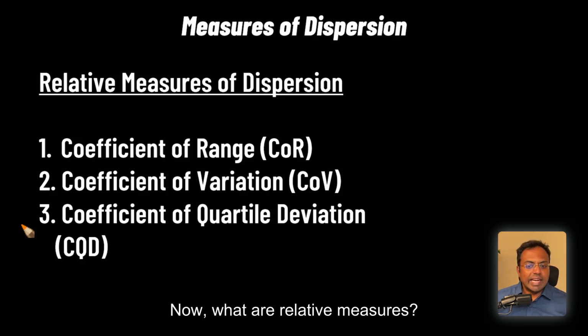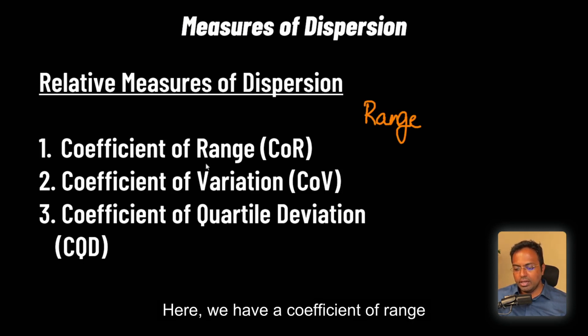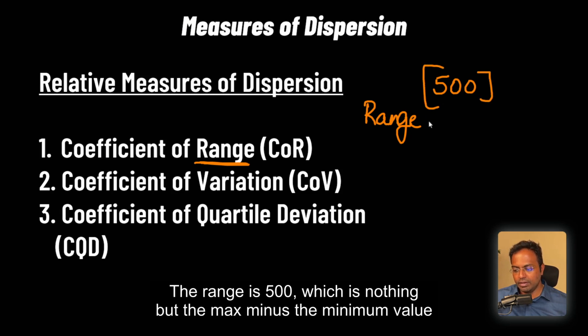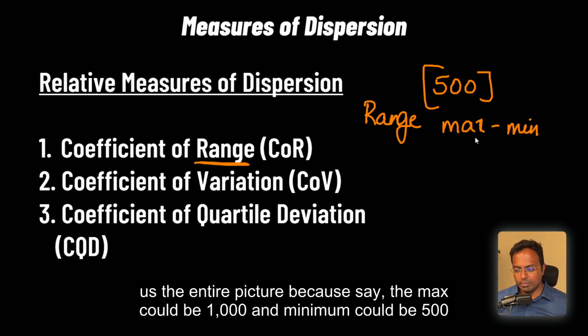Now what are relative measures? Previously we saw the absolute measure, the range. Here we have the coefficient of range. Let's say the range is 500, which is nothing but the max minus the minimum value. But this 500 alone does not tell us the entire picture, because say max could be 1000 and minimum could be 500.